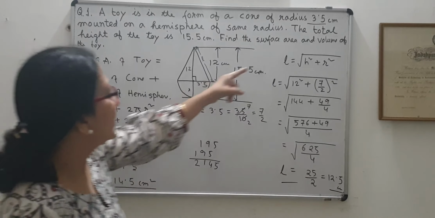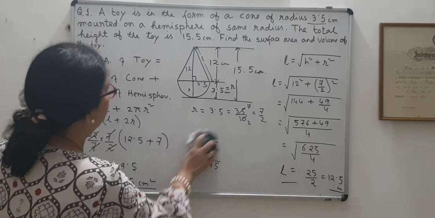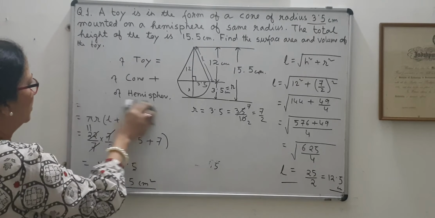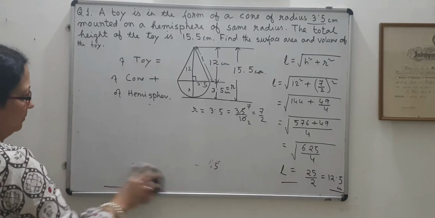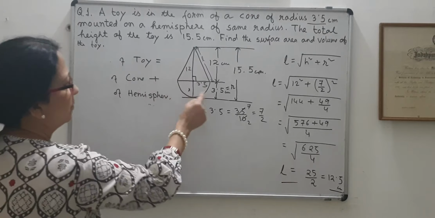Now next we have to find the volume. So this part is okay. Now for volume the formula is again here. Volume of the toy will be volume of the cone plus volume of the hemisphere.